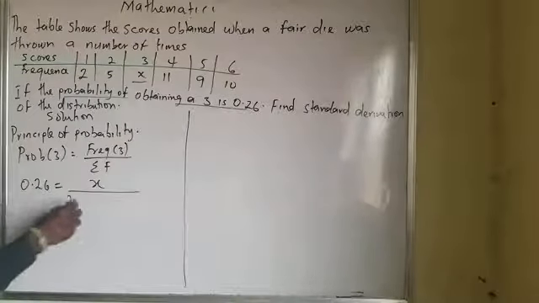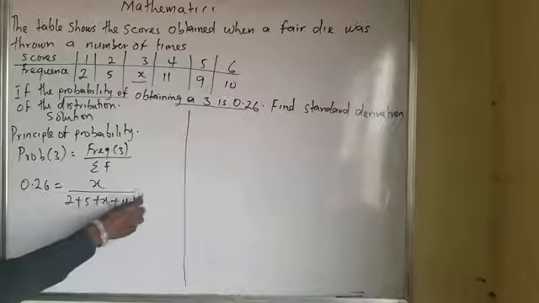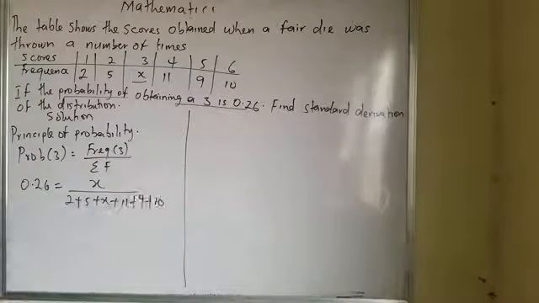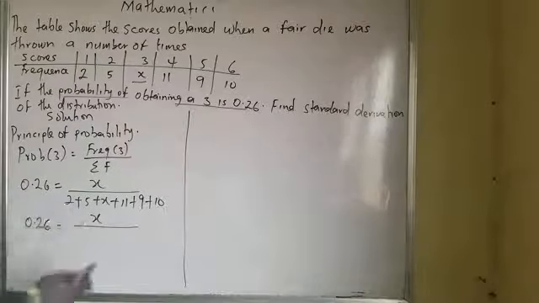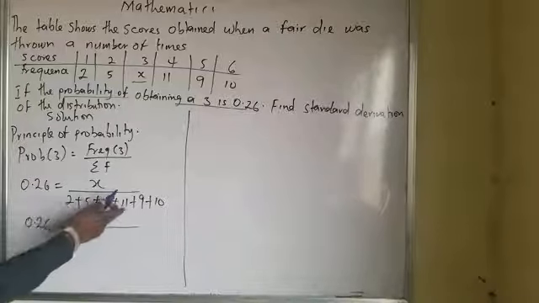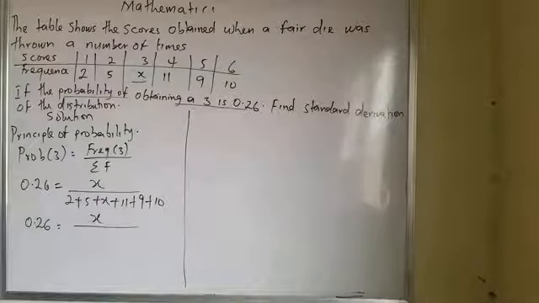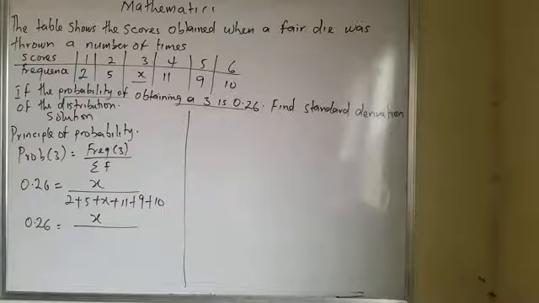the summation of everything, which is 2 plus 5 plus x himself plus 11 plus 9 plus 10. So I have 0.26 equals x divided by 7 plus 11, that will be 18, plus 9, that will be 27, plus 10, that will be 37.